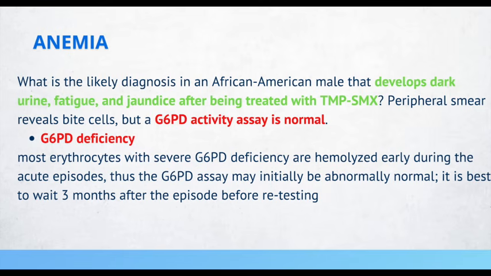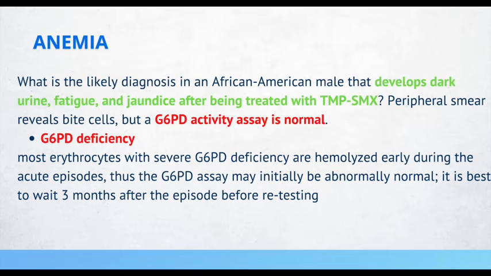Because in patients that are having a current hemolytic reaction due to G6PD deficiency, the assay can be normal. It doesn't have to be a low G6PD activity that's seen. But if you look at the overall clinical vignette of the dark urine, the fatigue, and the jaundice after being treated with a specific antibiotic, you have to suspect G6PD deficiency.